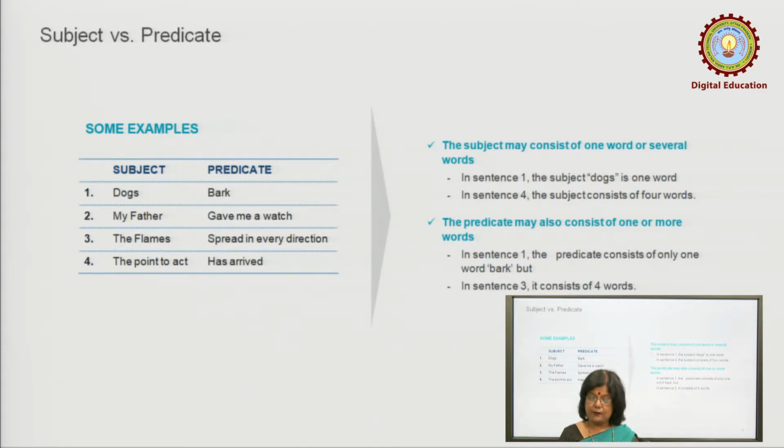In sentence 1, the predicate consists of only one word, that is bark. But in sentence 3, the predicate consists of 4 words, spread in every direction. Now, this group of words is acting as a predicate.